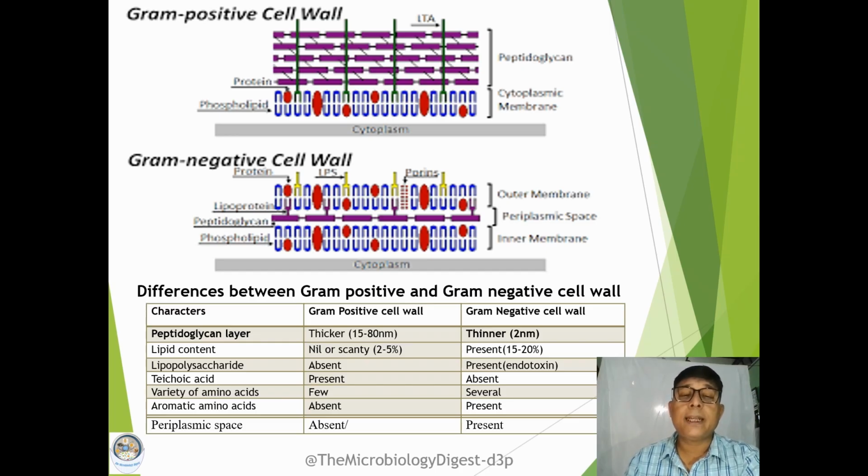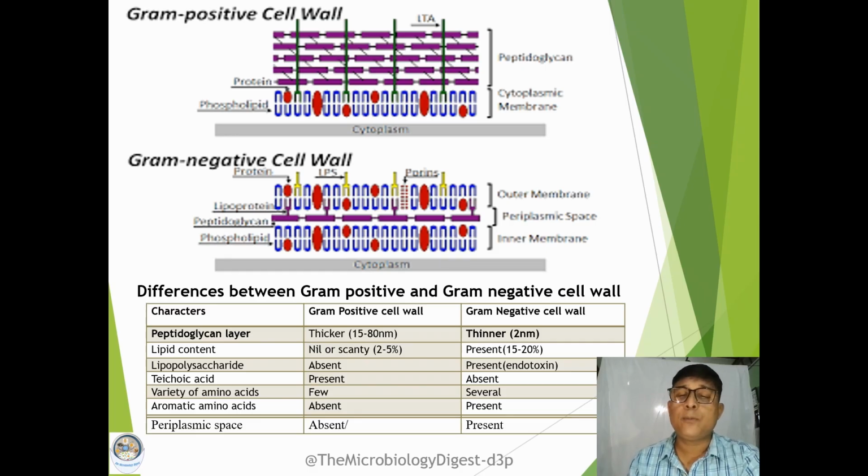Then lipopolysaccharide: in gram positive it is mostly absent, but in gram negative it is present as endotoxin. The lipopolysaccharide, or LPS component, of gram negative bacteria is the endotoxin part. What endotoxin and exotoxin are, we will be discussing in our subsequent discussions.